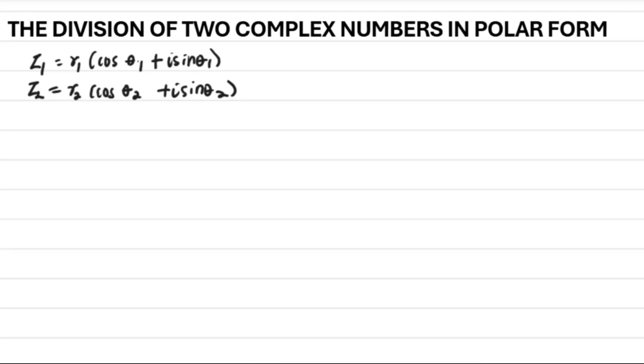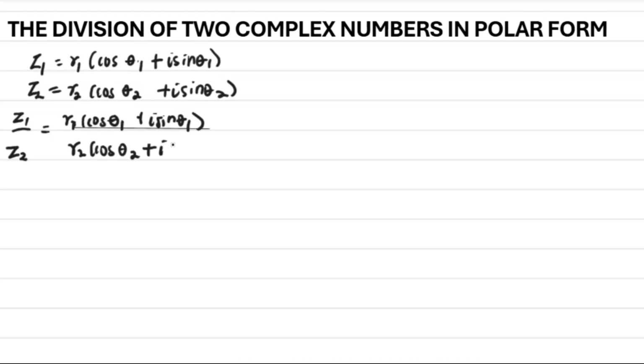Now the division of this is going to give us Z1 over Z2, Z1 over Z2 gives us R1 into cos theta 1 plus I sine theta 1 divided by R2 cos theta 2 plus I sine theta 2.